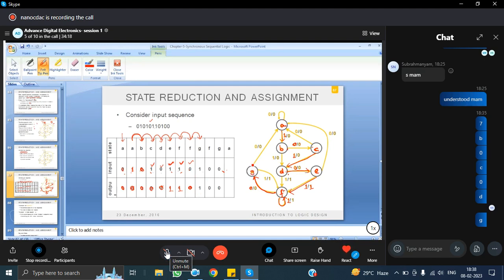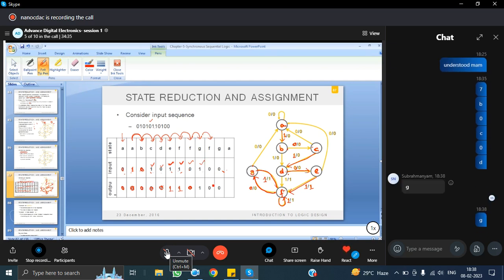At G, what is the input? Input is 1. With input 1, where should it get diverted? Look here at G with input 1. With input 1 it should go to F again, so the output is 1. Again in F. At F, what is the input? 0.